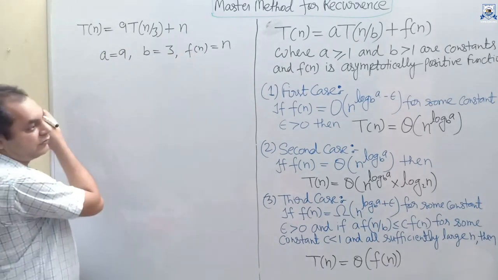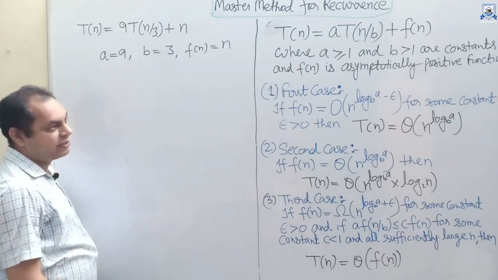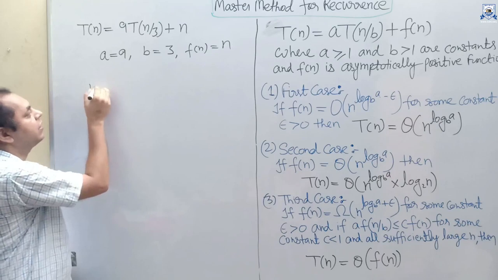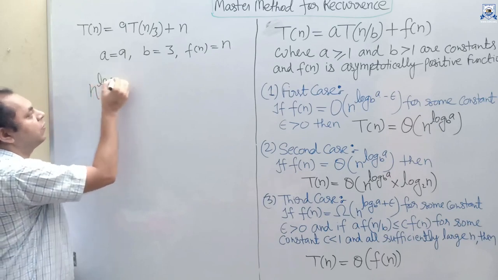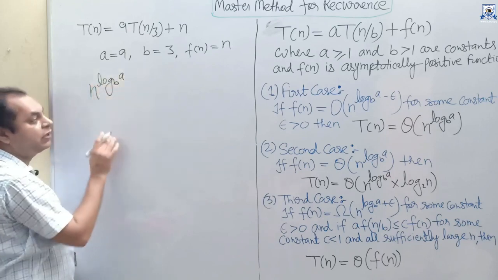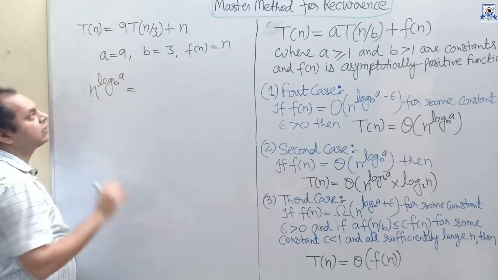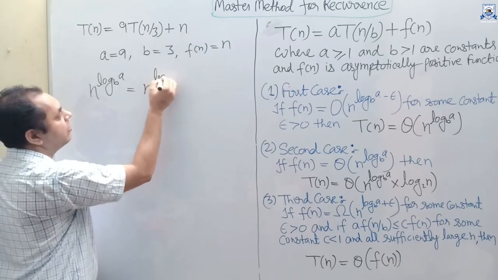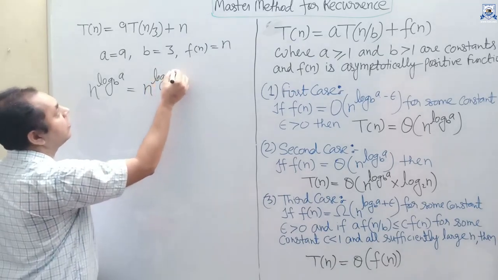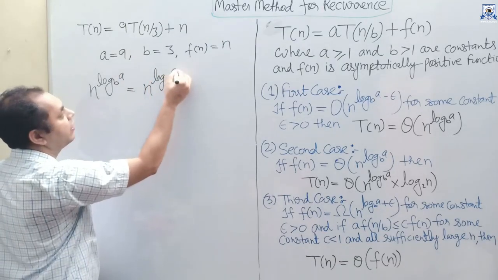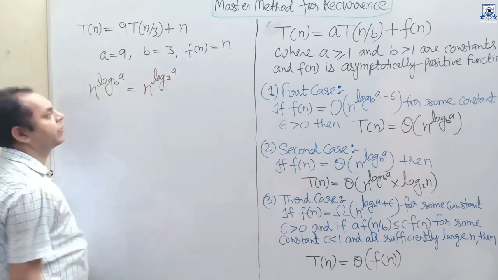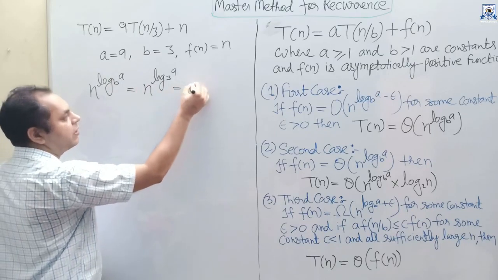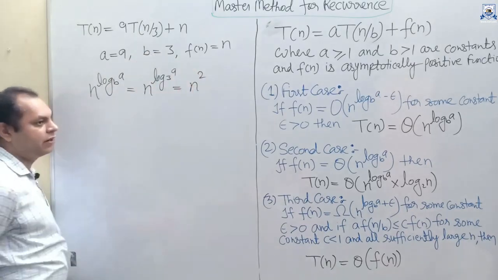Now for the applicability of the cases, first of all we have to calculate one value, that is n to the power log a at base b. In our case for this example it would be n to the power log 9 at base 3, which is nothing but n squared.